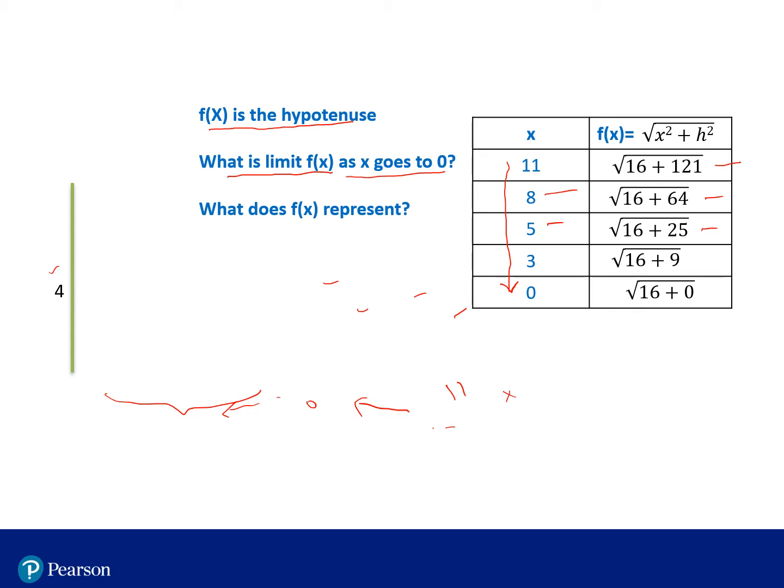But anyway, the only thing that we want to do is show that we want to get the limit as x goes to 0. So we want to do the limit as x goes to 0 of the hypo, which is f of x. f of x is the length of the hypo. That is one example, and let's take a look at another.